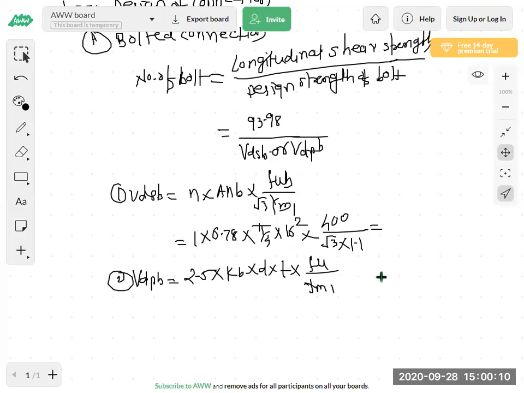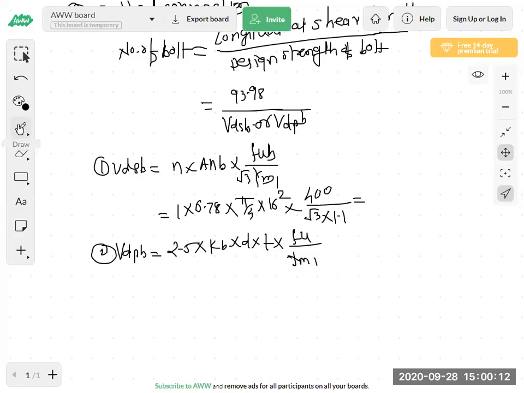So calculate this values, the kb value, and by using this calculate here the number of bolts. Are you getting? So in this way we can solve this problem of design of column by using the batten system. Are you getting, everyone?